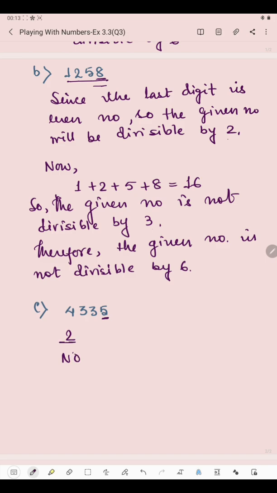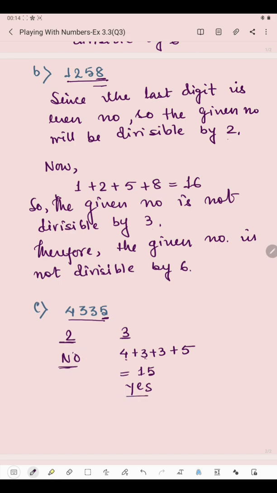Now we will check the divisibility by 3. To check the divisibility by 3, we need to find the sum of all the digits. So 4 plus 3 plus 3 plus 5. 4 plus 3 is 7, 7 plus 3 is 10, 10 plus 5 is 15, and 15 is divisible by 3. So it's yes. But the given number is divisible by 6 only if it is divisible by 2 as well as 3.